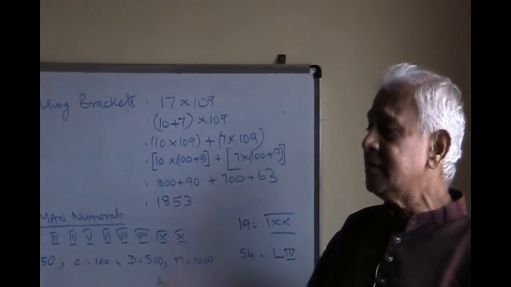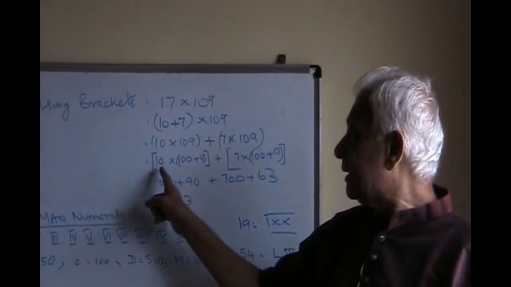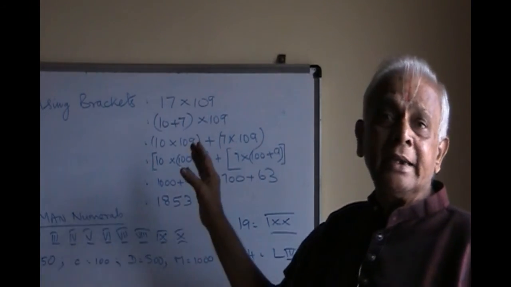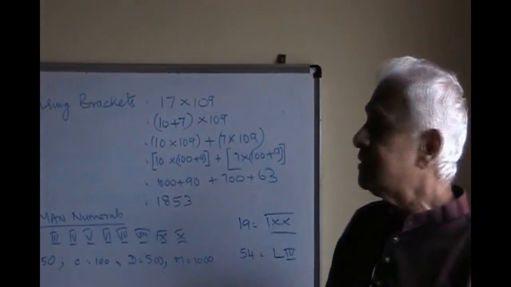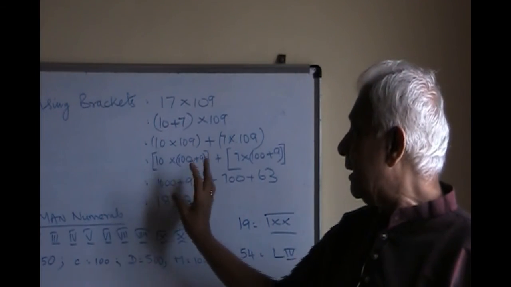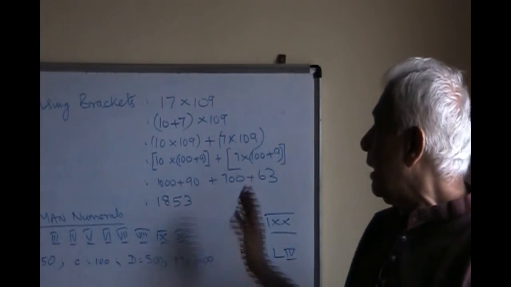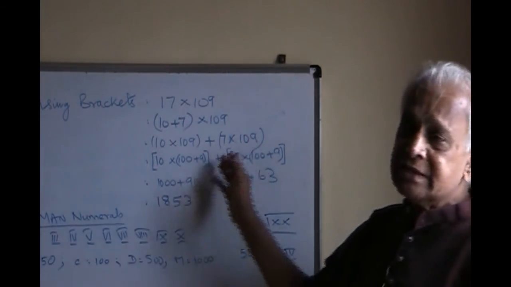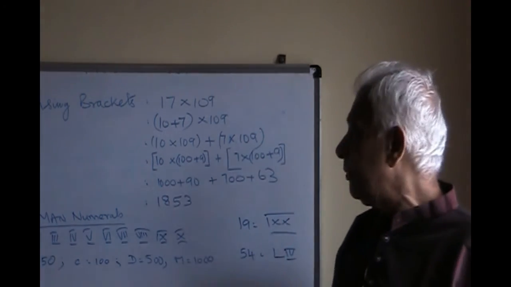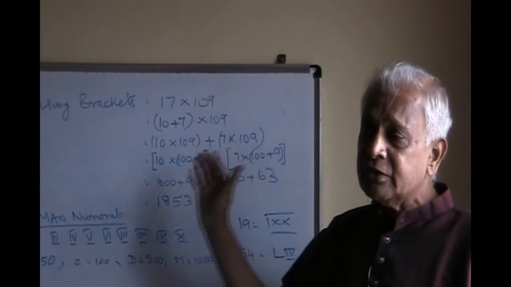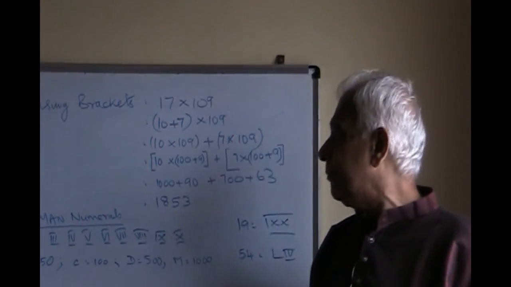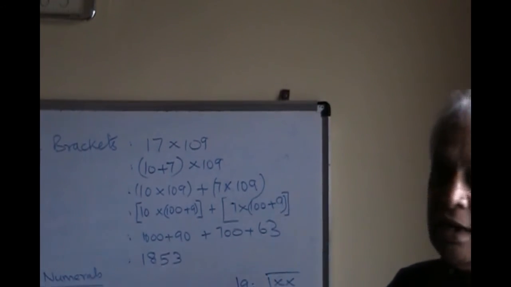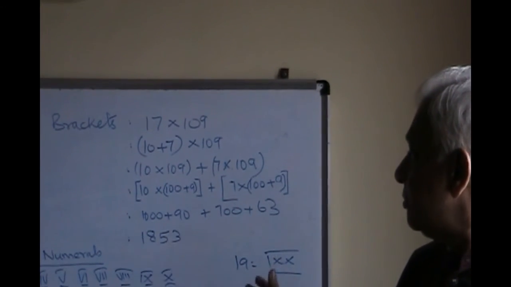Now the number within the bracket: 10 into 100 is 1000, and 10 into 9 is 90. This first bracket closes. It gives you the answer, which is now added with 7 into 100, 700, plus 7 into 9, 63. All the numbers, after removal of the brackets, became 1000 plus 90 plus 700 plus 63.